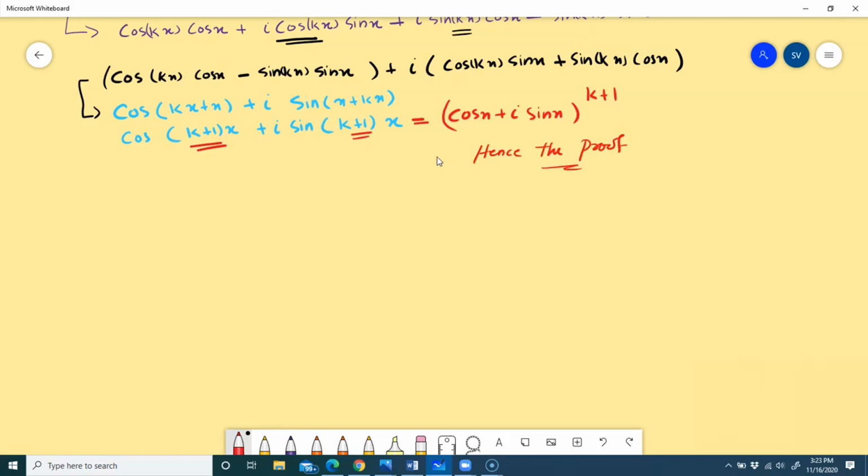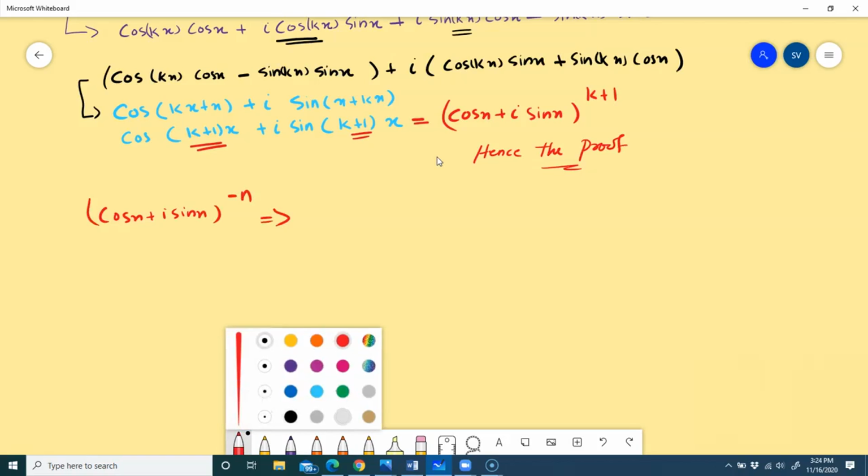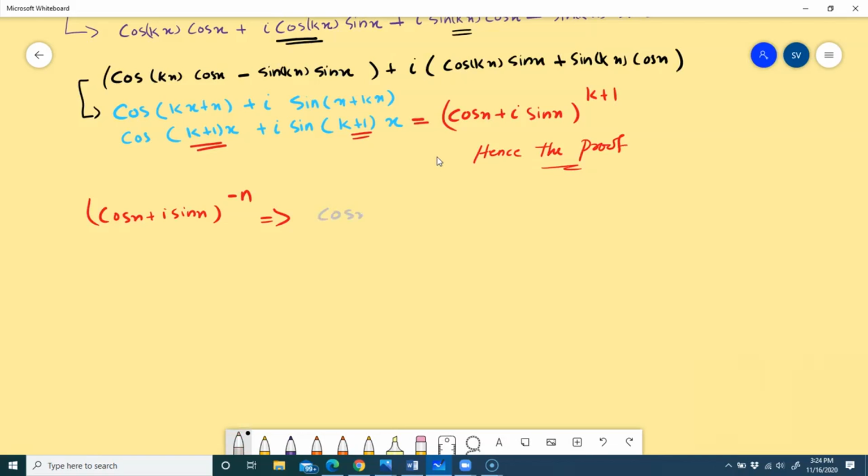So if we have a negative integer, what will happen there? Let it be cos x plus i sin x to the power negative n. If n is minus, what will happen? We can write this as cos x plus i sin x to the power n, to the whole power minus 1.